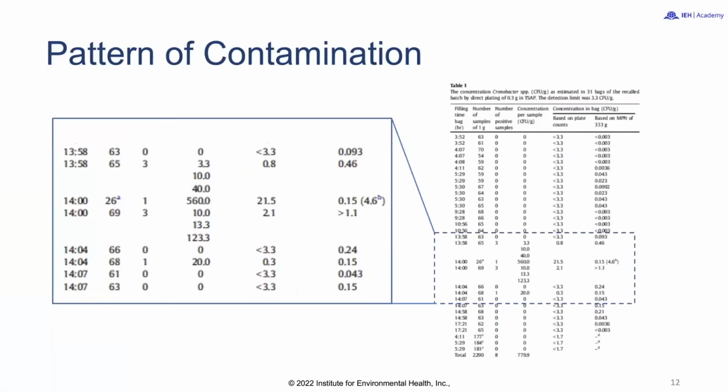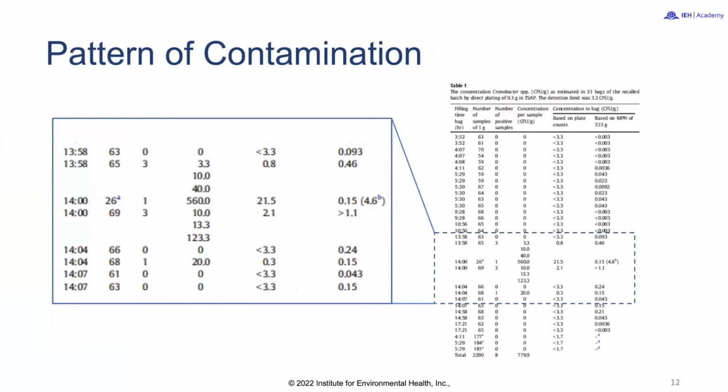So this slide excerpts some of their data and shows it to you in numerical form. If you look at the slide, you'll see between 13 hours and 58 minutes into filling and 14 hours and 7 minutes is when all the contamination occurred.